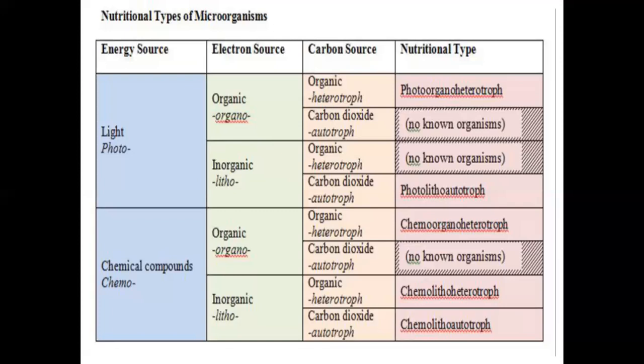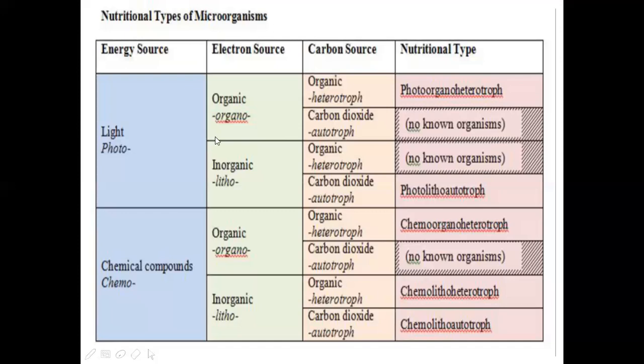This nutritional type is called photoorganoheterotroph. Again, revising: these organisms are utilizing light as a source of energy, organic compounds as a source of electrons as well as carbon, right? So that is why we are calling it photoorganoheterotrophs.